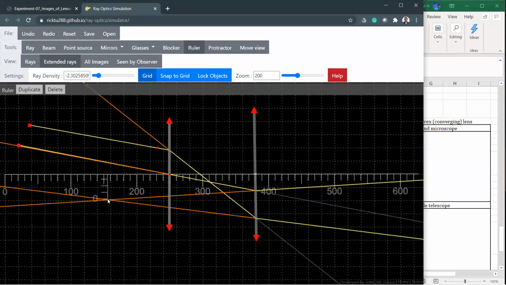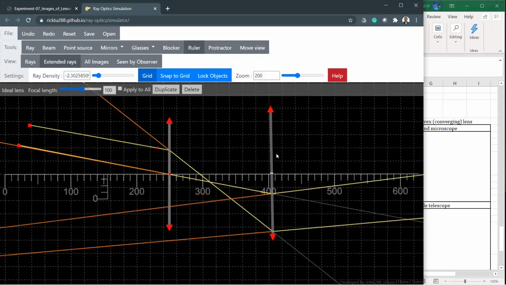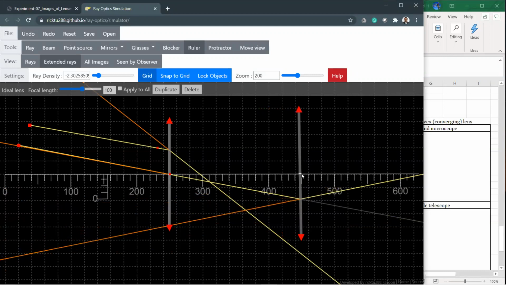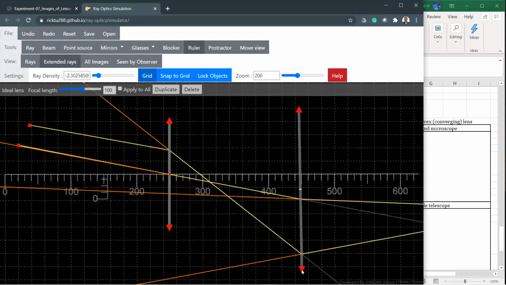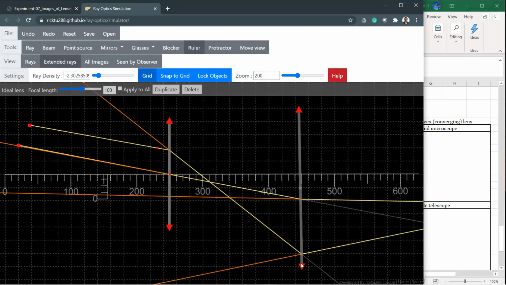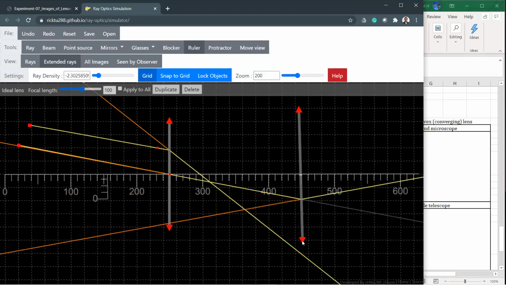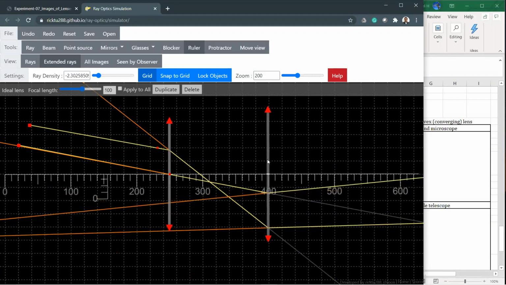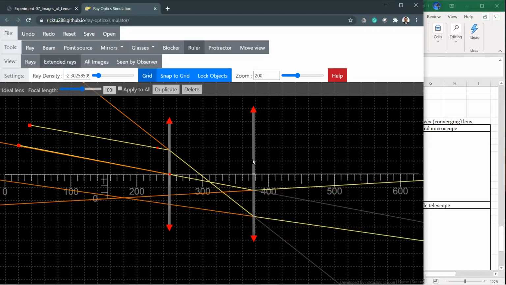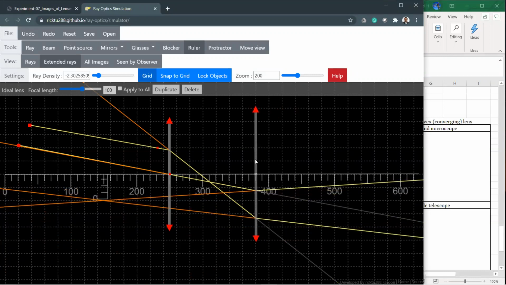Doesn't matter which side it is, we can change the inversion and get the image onto this side too, if I rearrange this position at a certain point. That's not important actually, but what is really important is that both the telescope and the microscope are observing objects, and the magnification is the important part.